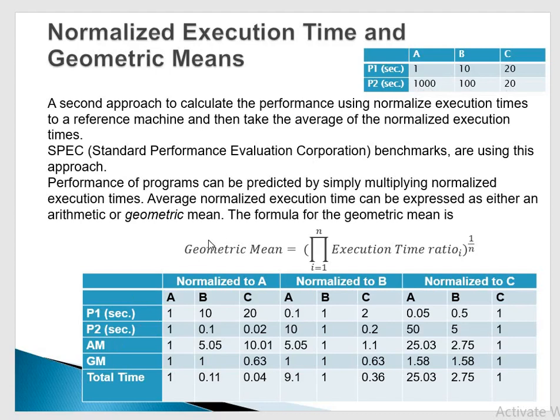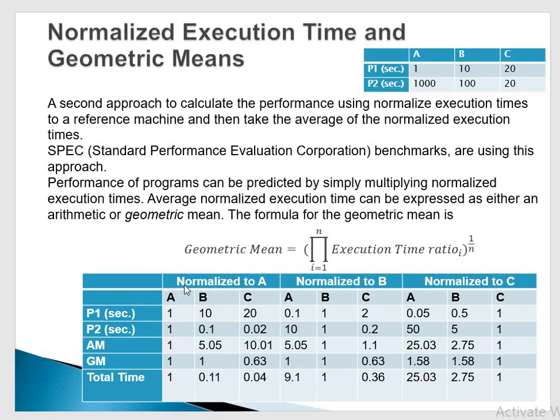First of all, we have to calculate the normalized execution time. As we have already discussed, out of these three we will consider one as a reference computer, and we will assume that the performance of that particular computer is well known to us.